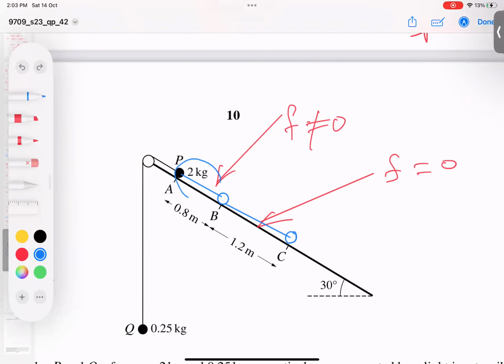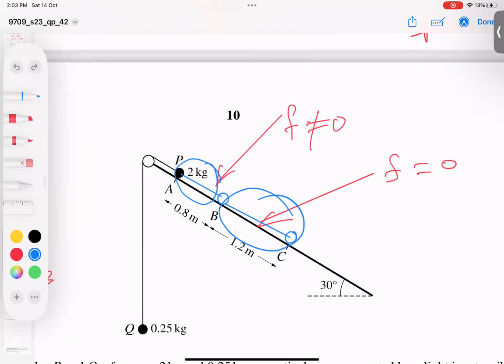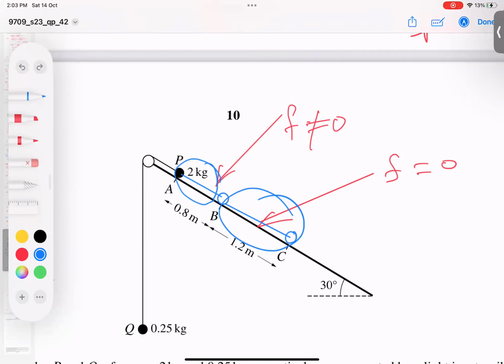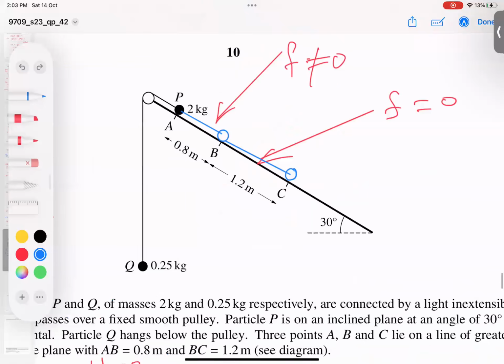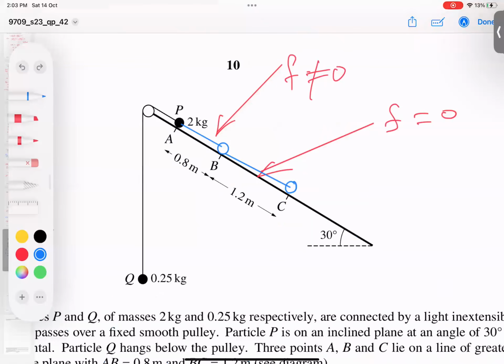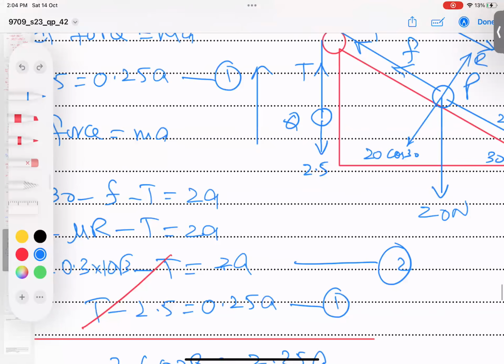Here there is no opposition, here we have opposition, so in this particular situation it will affect. So that is why I will find them separately. But the interesting part is that the particle reaches this point and travels further. When it's traveling downwards, the last speed of this motion, I repeat, the last speed of this motion is equal to the starting speed of this motion.